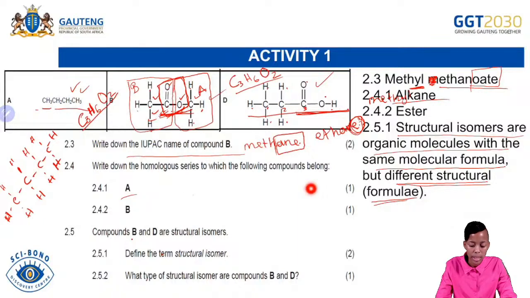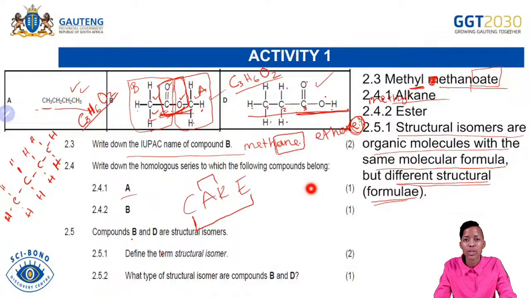So it means that you could have used the CAKE to check what type of isomer you have. Remember I said, if you are given a carboxylic acid, then you are going to write an ester. And if you are given a ketone, then you are going to write an aldehyde. Or if you are given an aldehyde, then you are going to write a ketone.